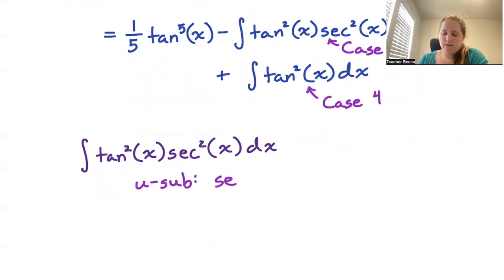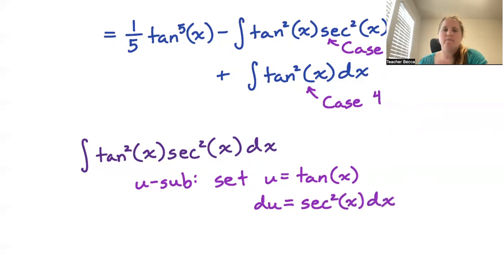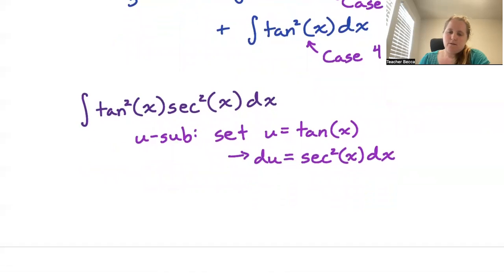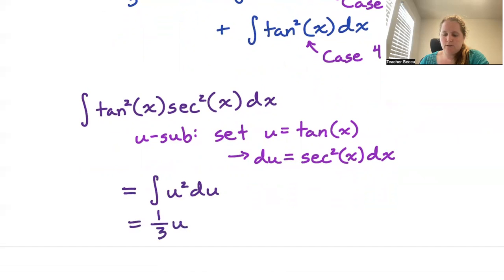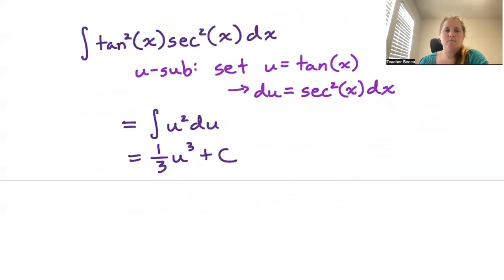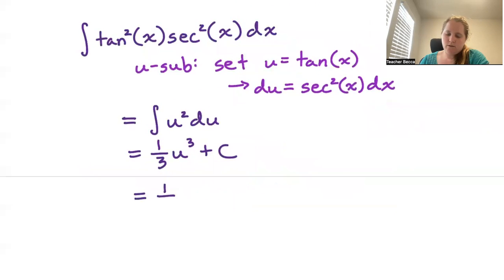We will set u to be tangent of x, du to be secant squared of x dx, therefore. So we have that this integral is equal to the integral of u squared du. So we get 1/3 u cubed plus c, or 1/3 tangent cubed of x plus c.